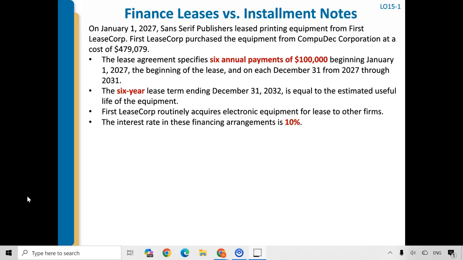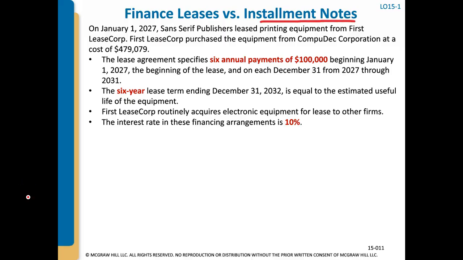When we record a finance lease, the accounting is very similar to installment notes. If you don't know how to do that accounting, please go watch a video from a previous chapter about installment notes. But on January 1, 2027, Sans Serif Publishers leased printing equipment from First Lease Corp. First Lease Corp purchased the equipment from CompuDeck Corp at a cost of $479,000.